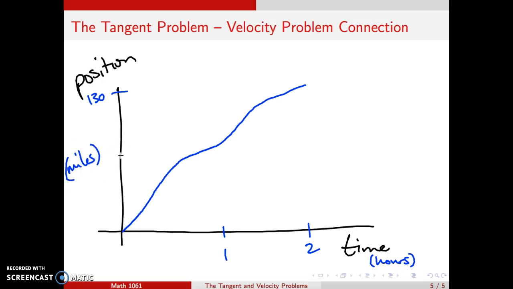So what we're trying to find then is not the average rate of change, which would be the slope of that secant line. In fact, the slope here is the average velocity.